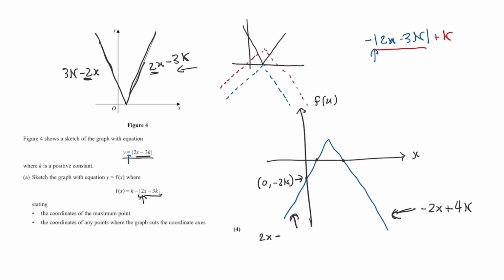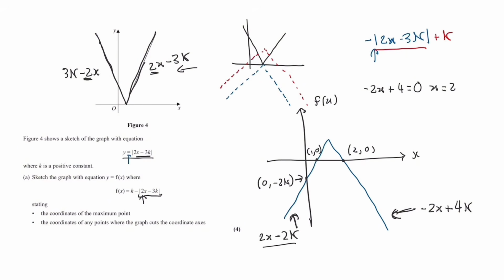So 2x minus 2k. Now what we're going to do is just set each of those things equal to 0. If we set minus 2x plus 4 equals to 0, we get x is equal to 2. So this is 2, 0. If we set that left thing equal to 0, we get x equals 1. So that is 1, 0. We're just doing this equal to 0.